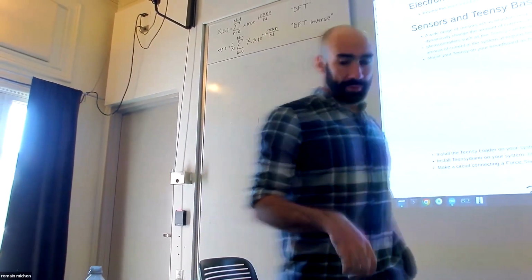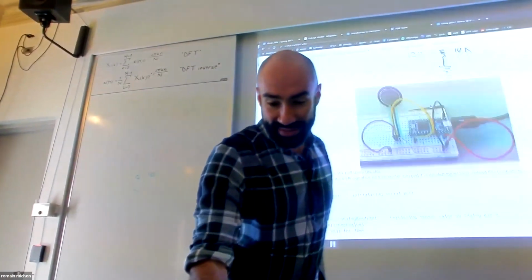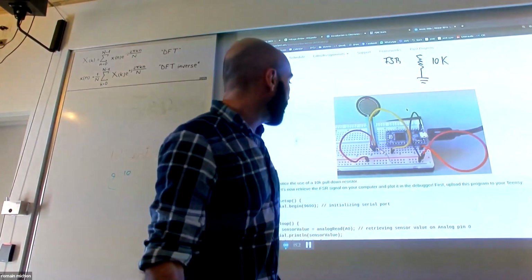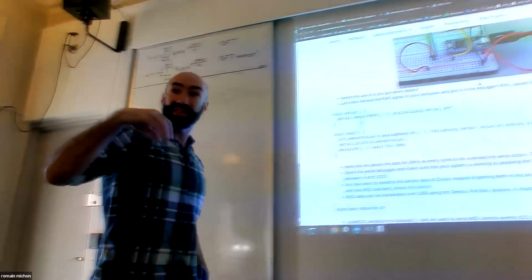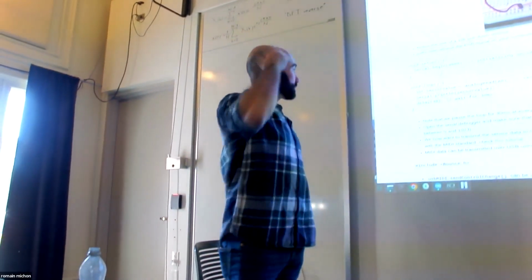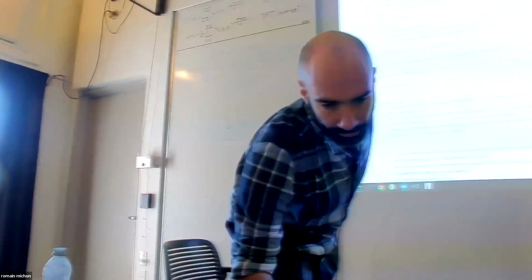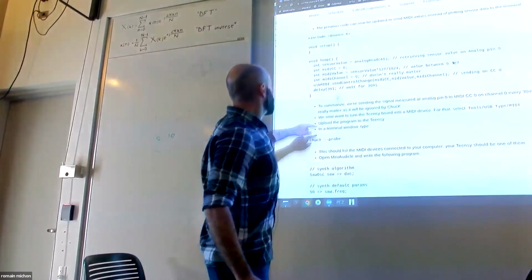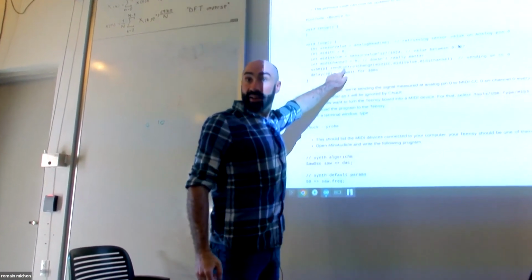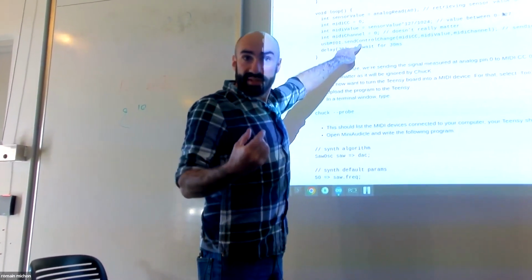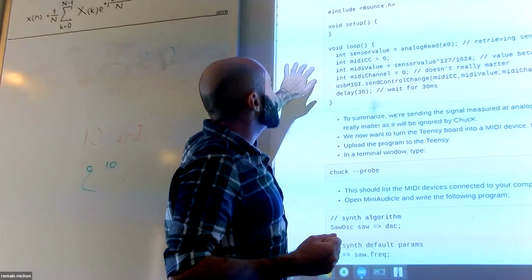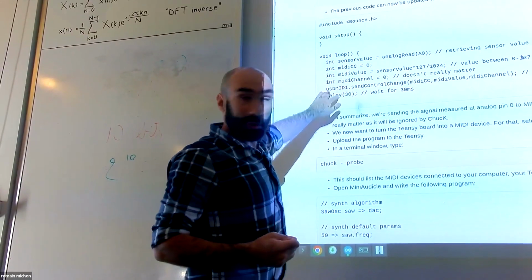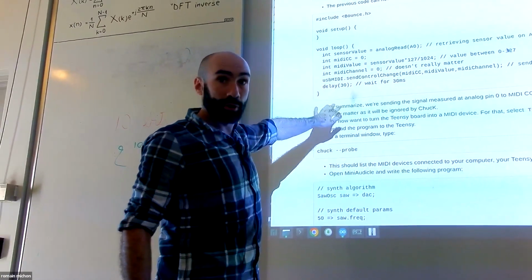And what we were doing is exactly the same thing as what we're doing now, except that instead of synthesizing sound on the Teensy, we were sending MIDI values with the Teensy to Chuck. Okay? And you see that it's super, super simple. This is the whole program for this.